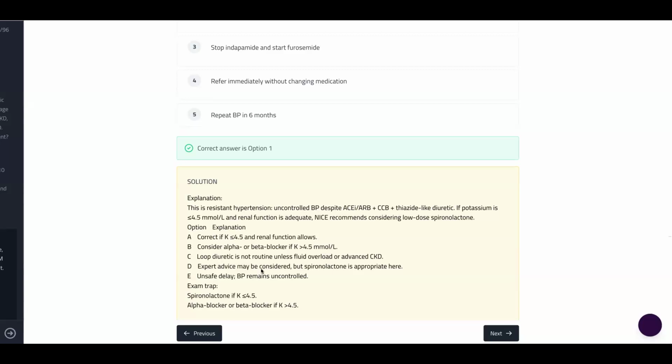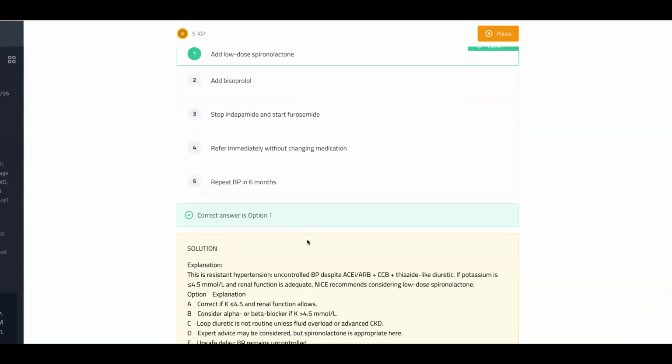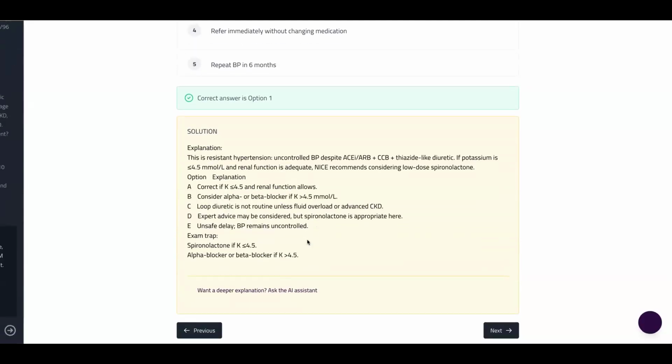Expert advice may be considered because it is resistant, but spironolactone is appropriate, because if you refer immediately without changing the medication, that means you will leave the patient with high blood pressure while waiting for the appointment. So you cannot. This is the style of the exam question.